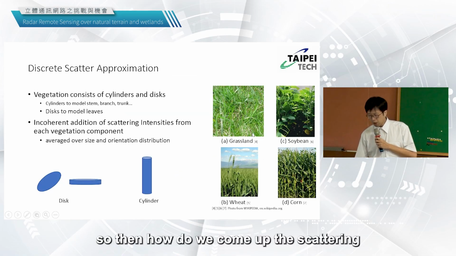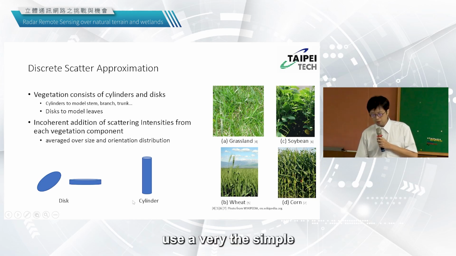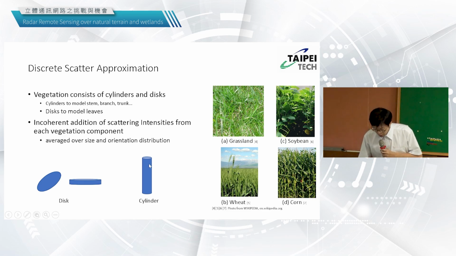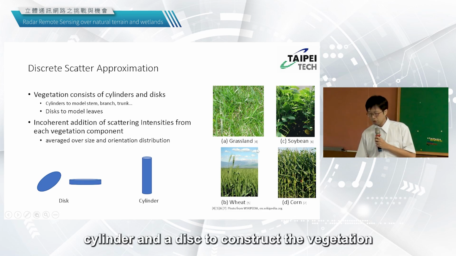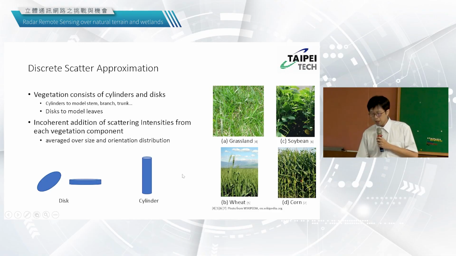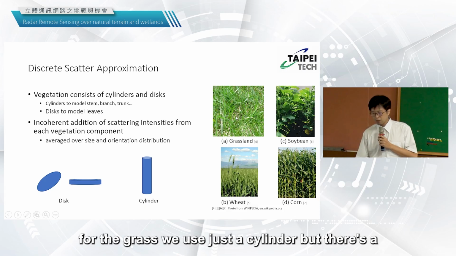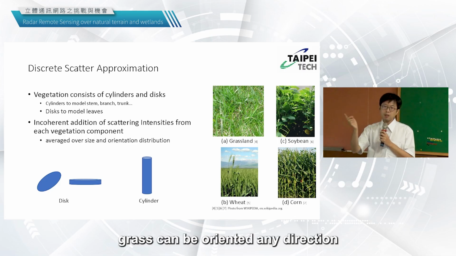So then, how do we come up with the scattering? We use a simple cylinder and a disc to construct the vegetation. For grass, we use just a cylinder, but grass can be oriented in any direction.